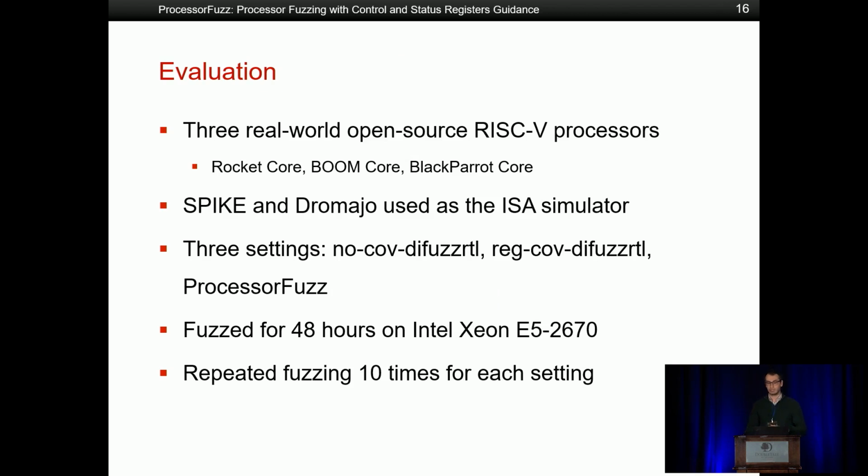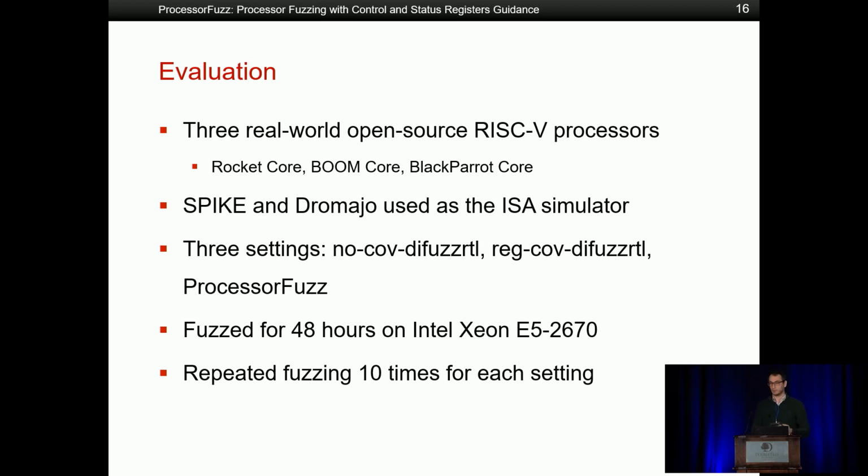We evaluated our approach on three real-world open-source RISC-V processors. Rocket Core and Boom Core are Chisel-based, and Black Parrot Core is SystemVerilog-based. We use Spike and Ramoja as the ISA simulators, and we compare ProcessorFuzz with no-cov DifuzzRTL and reg-cov DifuzzRTL, where the first one is pretty much a random instruction generator, and the second one is the actual DifuzzRTL with register guidance.